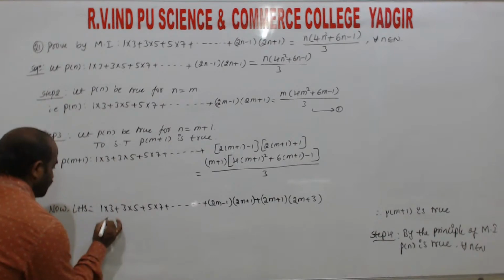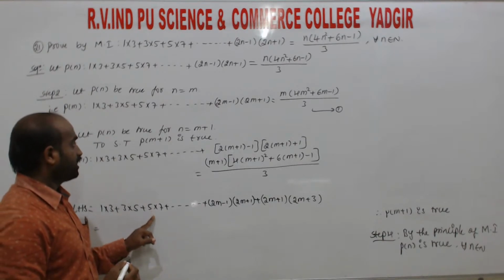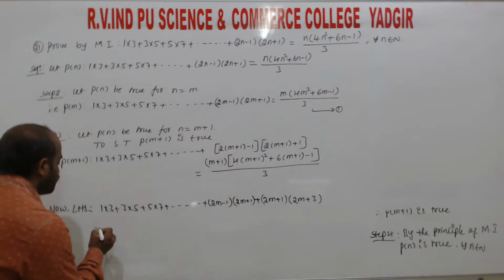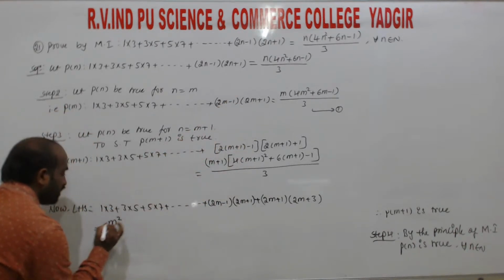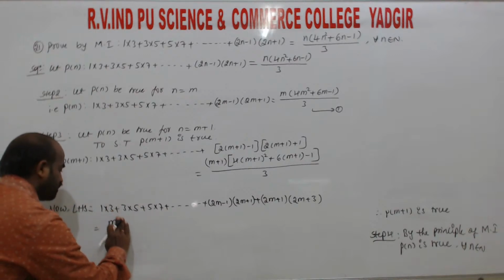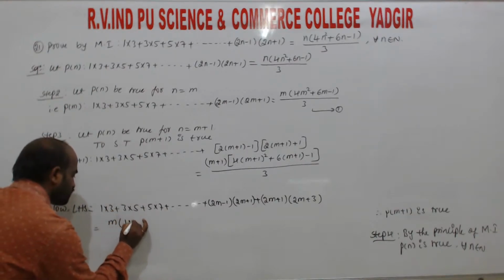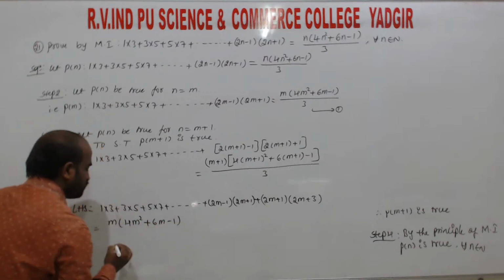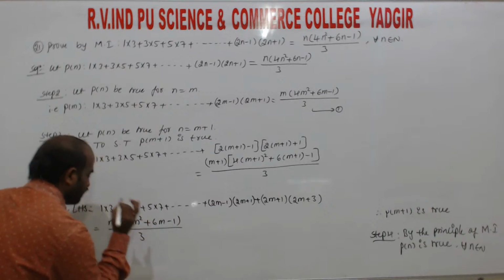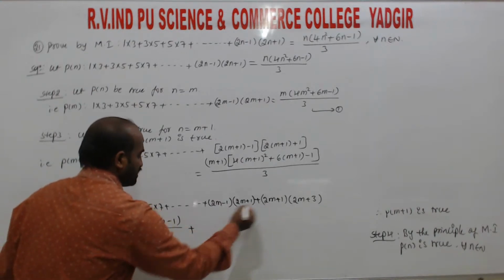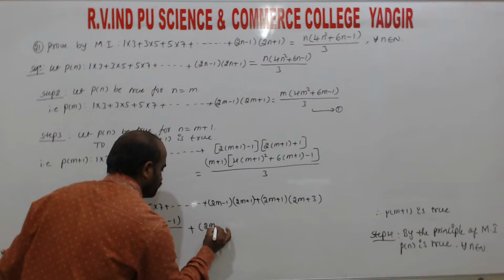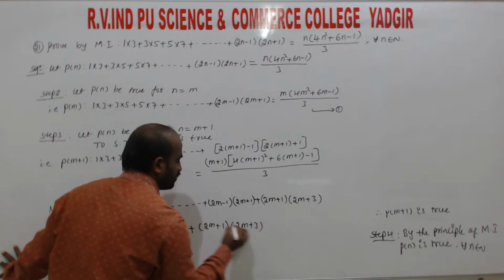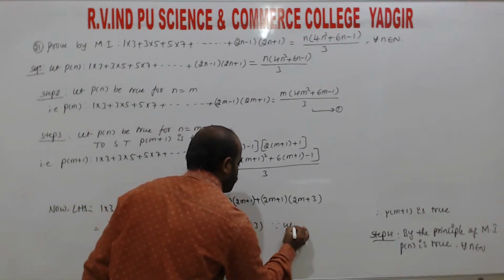You know this: 1 into 3 plus 3 into 5, 5 into 7 and so on. 2m minus 1 into 2m plus 1 is m into 4m square plus 6m minus 1 divided by 3, plus the last term as it is, 2m plus 1 into 2m plus 3, using equation 1.